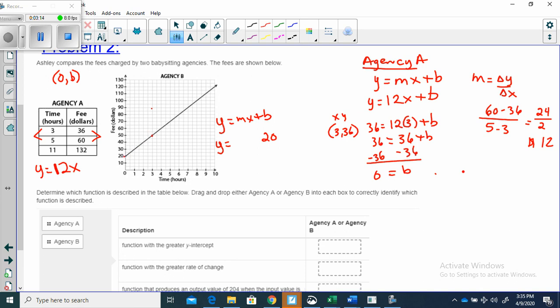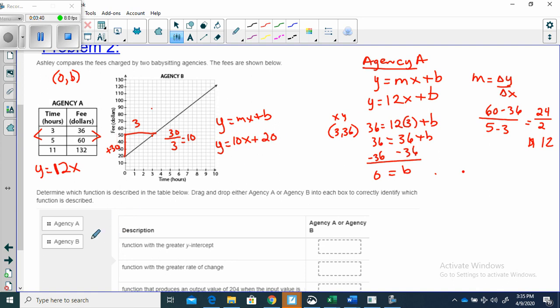I can go up here. We know that our rate of change, our slope, is rise over run. Here I'm rising 30. I'm going up 30, and I'm going over 3. 30 over 3 is 10. Their rate is $10 per hour plus $20 just to come out.